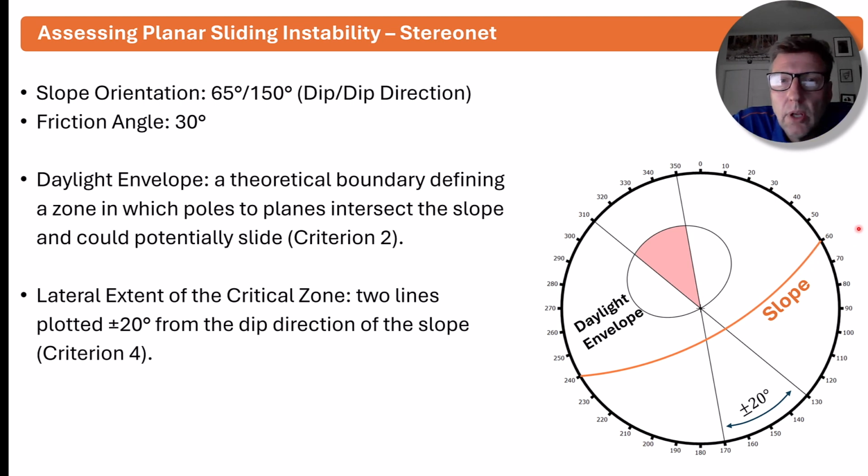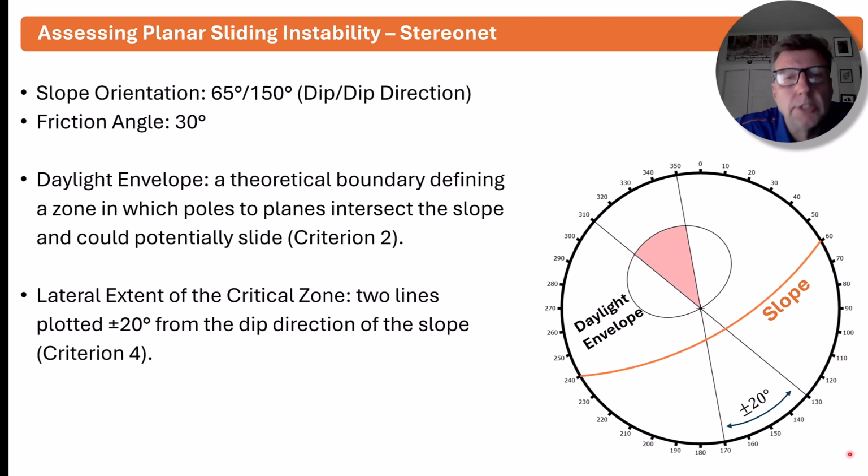Next, we want to plot what's known as the daylight envelope. This oval shape right here on the stereo net is our daylight envelope. Any poles to planes of discontinuities that plot within the daylight envelope could possibly slide. That's criterion 2.